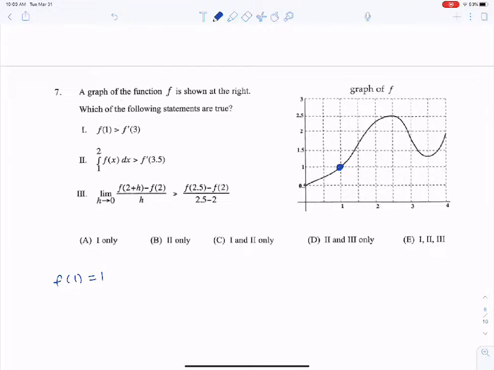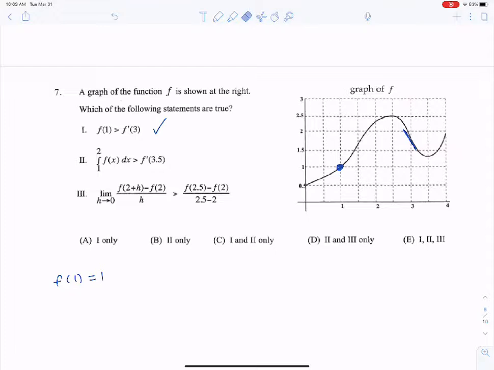Remember, f prime of 3 is the slope of the tangent line at 3. We may not know it, but it's negative. Therefore, f of 1 has to be greater than f prime of 3 because f prime of 3 is negative. So this is true. I'm going to put check marks by the ones we know are true.